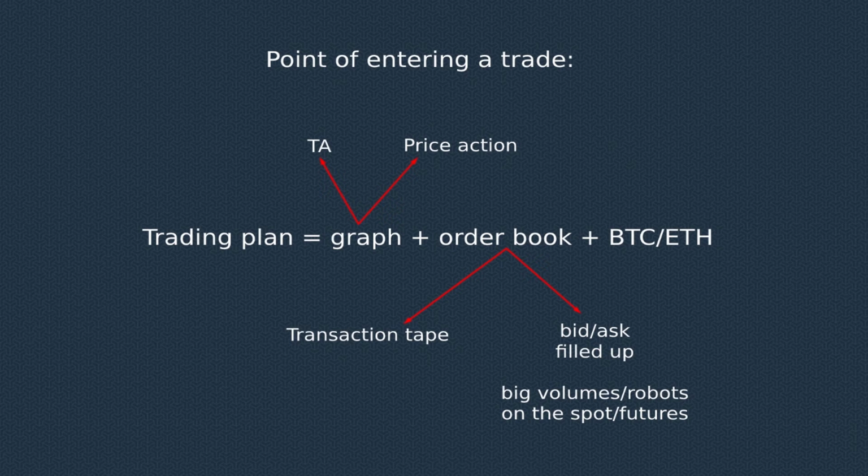So when we find an entry point or have already entered the position, we have to look at Bitcoin or Ethereum, but mostly at Bitcoin. For example, if we are entering a long position, it's likely that Bitcoin is growing or at least flattening.